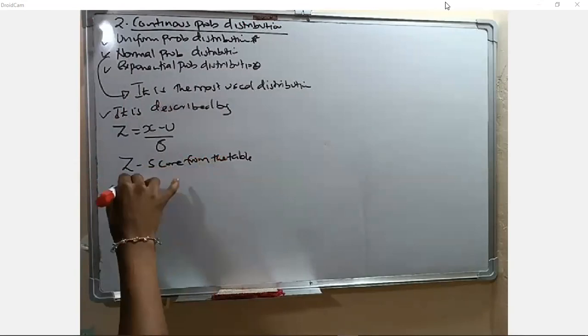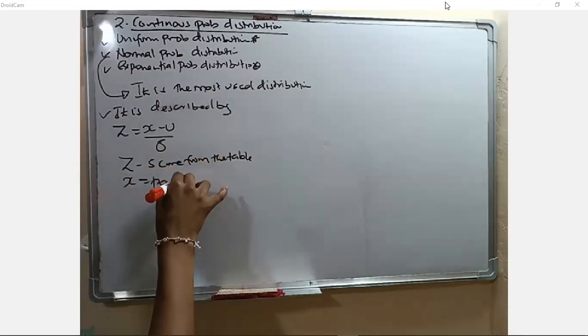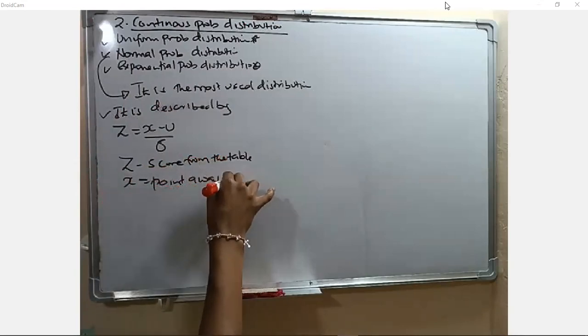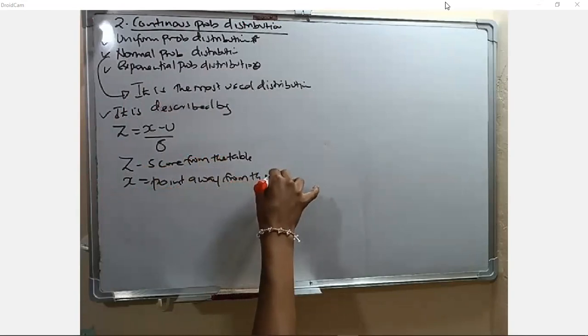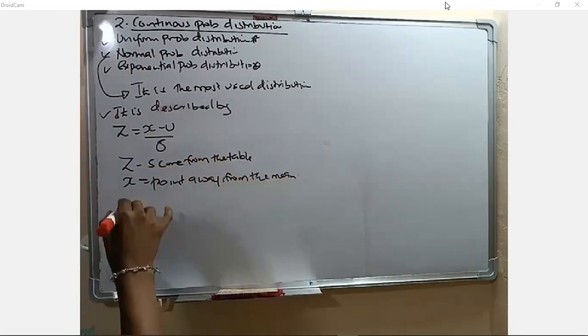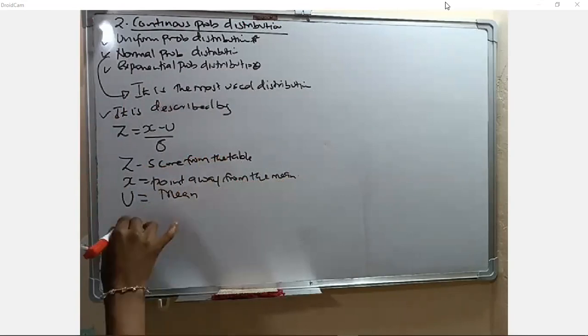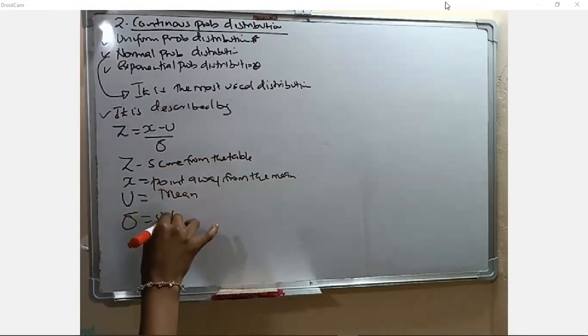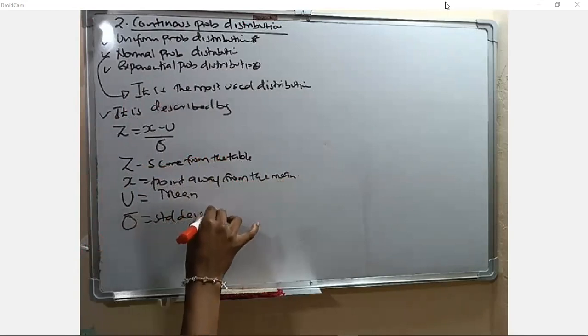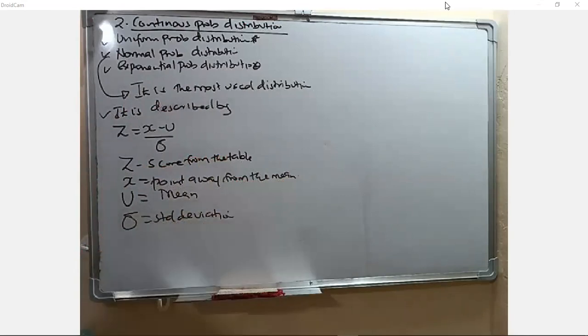We have our x, this is the point away from the mean. We have our mu, this is our mean now. And then this one is our standard deviation there.